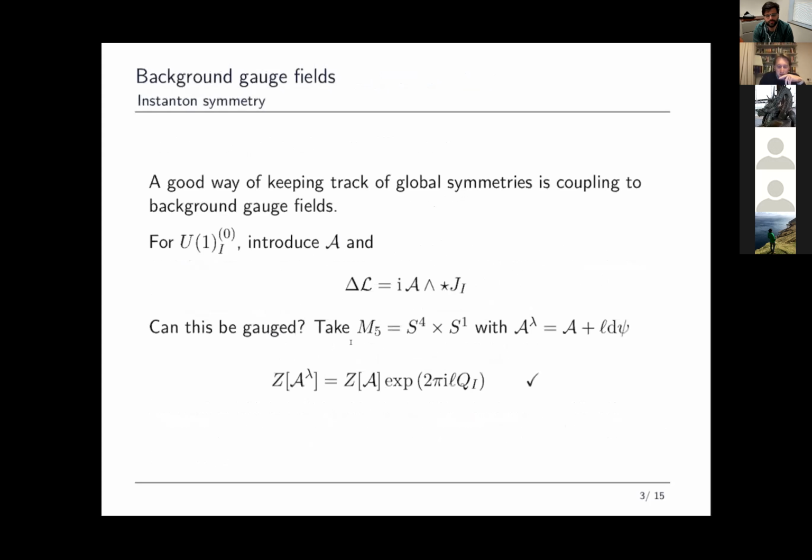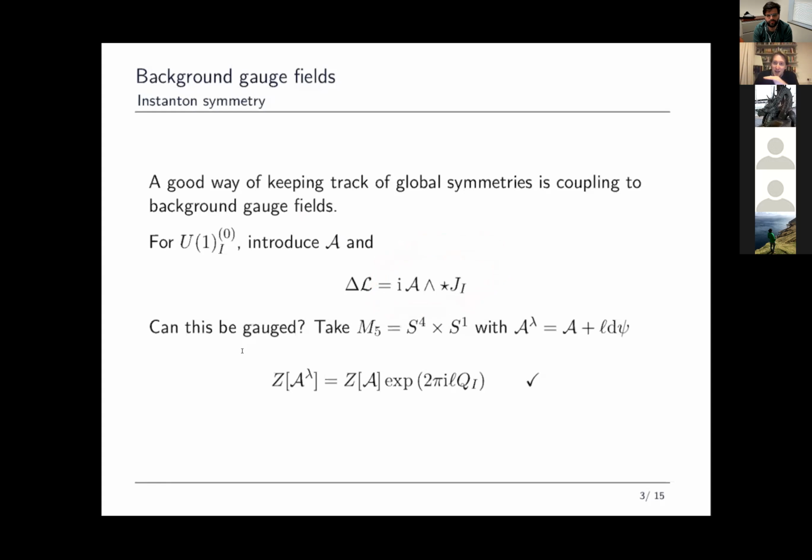In order to keep track of global symmetries, it's very useful to introduce background gauge fields. For U(1), for the instanton symmetry, we do so by simply introducing an abelian connection and coupling to the current in the minimal way. And we see immediately that there is no 't Hooft anomaly associated to this symmetry.